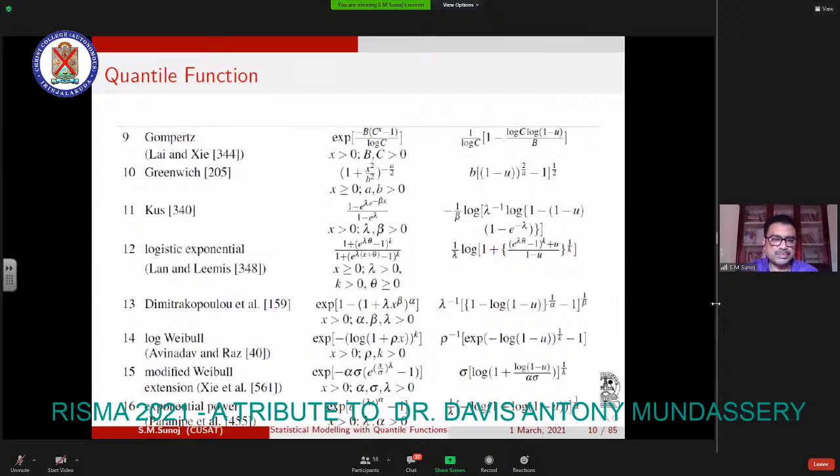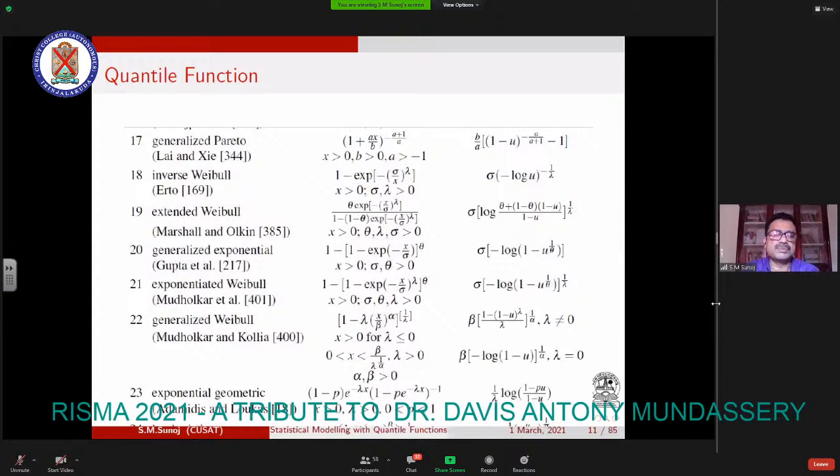Then Greenwich distribution, Cusp distribution, logistic exponential distribution, then another distribution introduced by Dimitrakopoulou et al., log Weibull distributions, modified Weibull, exponential power.